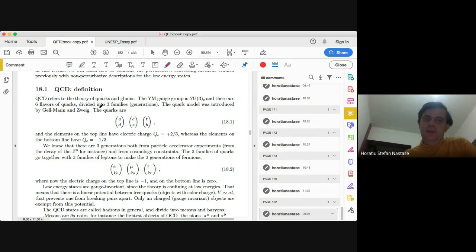Flavors because, historically, SU(3) was thought of as a group of colors, as in the 3 colors that we have on your TV screen, with which we can build everything: red, green, and blue.